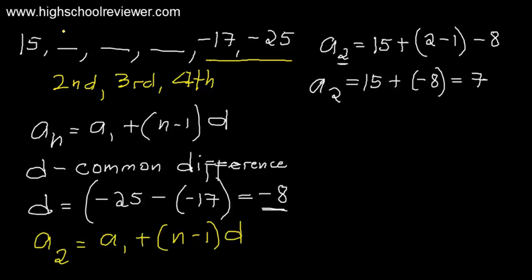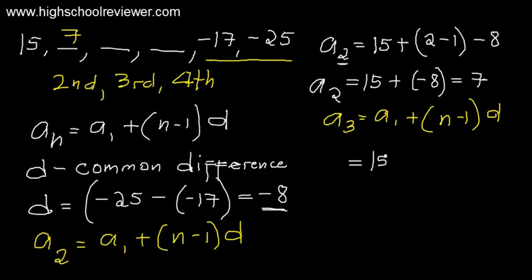So let's write it here. A sub 2 is positive 7. Let us now find a sub 3. Again, the equation: a sub 3 will be equal to a sub 1 plus n minus 1 multiplied by d. Our a sub 1 is 15, so this will be 15 plus n minus 1.